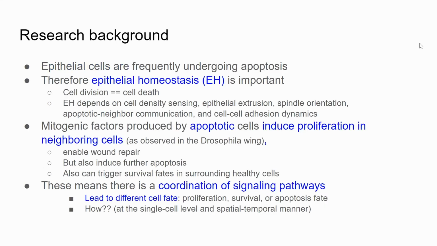Okay, so let's talk a bit about the research background. Epithelial cells frequently undergo apoptosis, but people wonder why there's no visible cell death in our skin layer, the epithelial layer, so often.